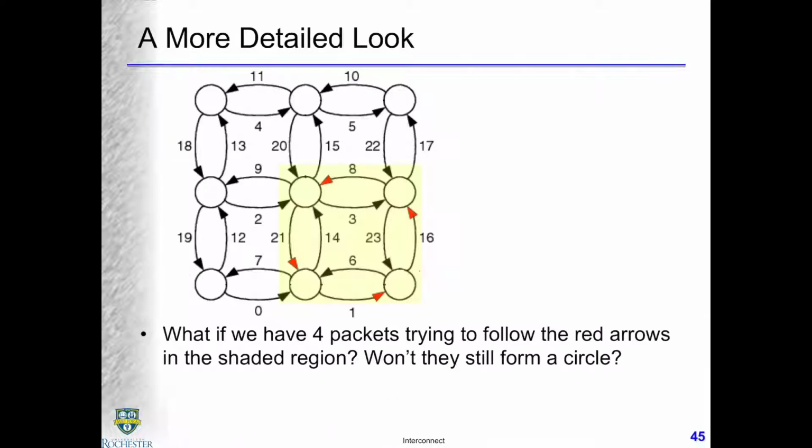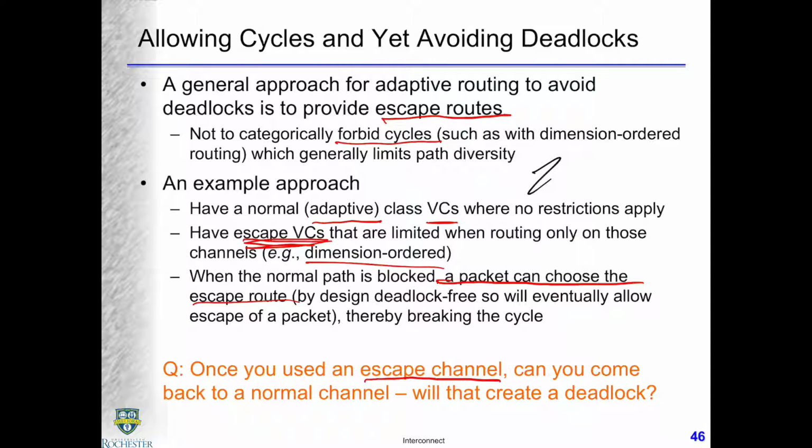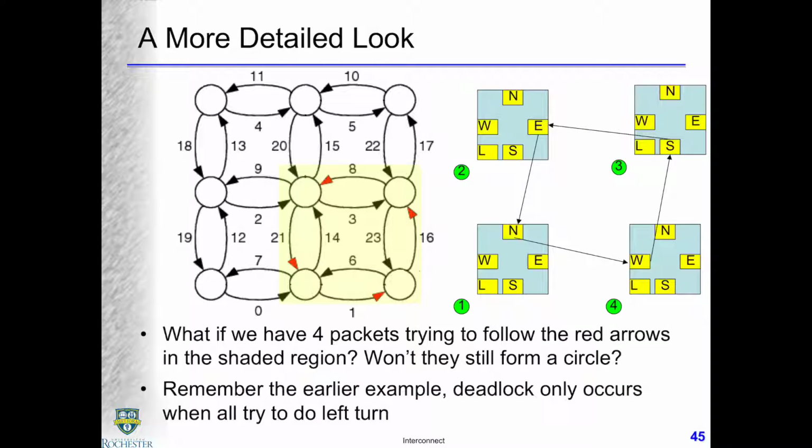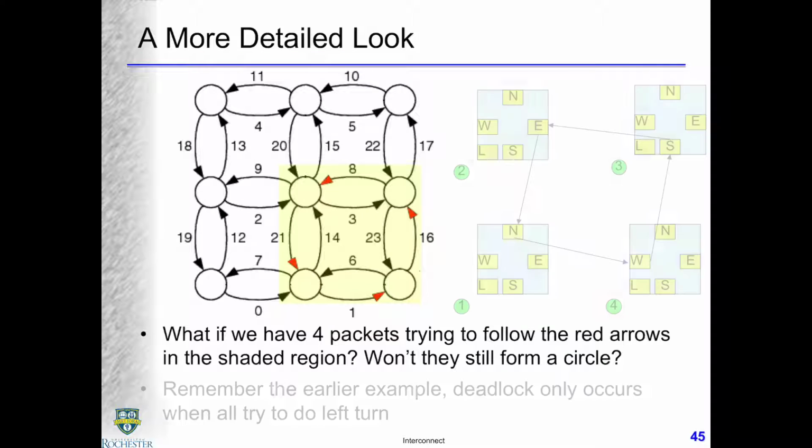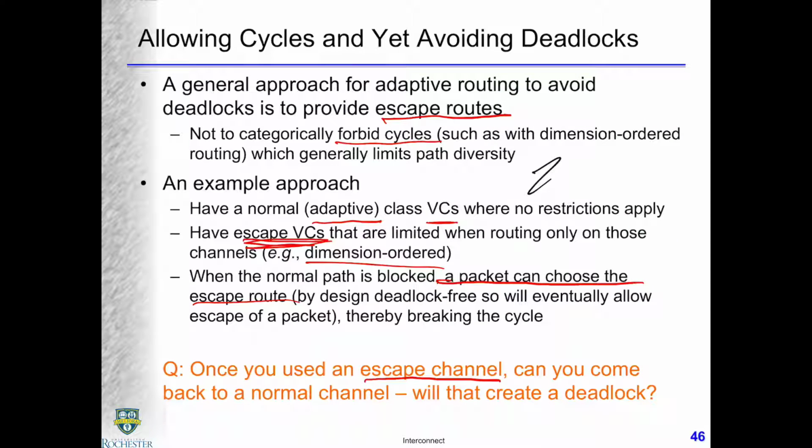Avoiding them altogether, two different approaches often used, or allowing the circle but having an escape route, and having the escape route giving you the property that is deadlock free by design, again kind of using the avoidance technique that we talked about. So that's really a major issue in the design of interconnect: the buffers, control, and allocation. Next time we'll talk about the router design.